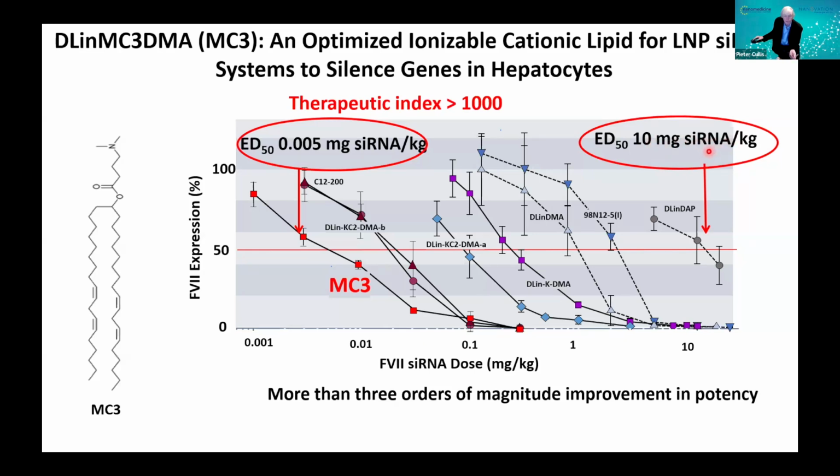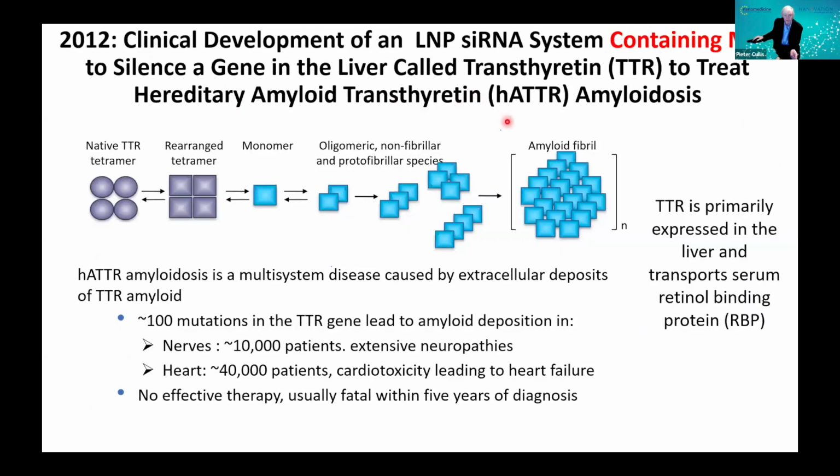We were at 40 to start off with DODAP, and then ended up with something at 5 micrograms, so about 1,000-fold improvement. We have a therapeutic index of 1,000, so that we give a 1,000 times higher dose before we start to see toxic effects. So a very successful collaboration.